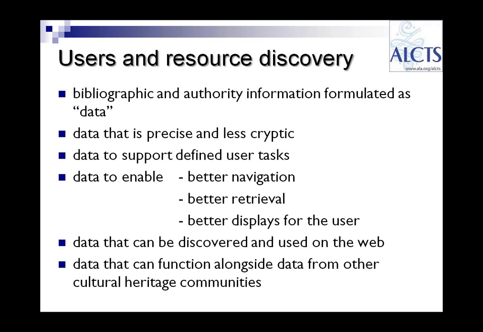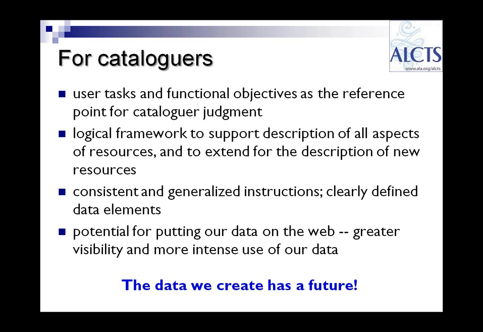And so it's data that can support better navigation, better retrieval, and better displays for the user. And it also offers us the opportunity to get our data out there on the web and to have our data function alongside the data from other cultural heritage communities.